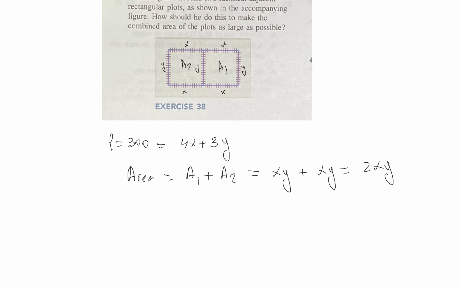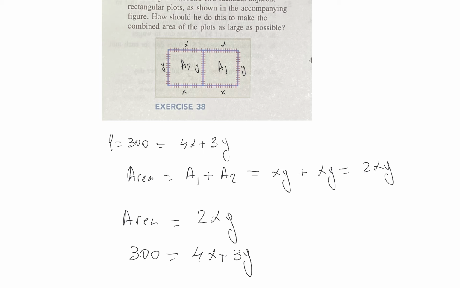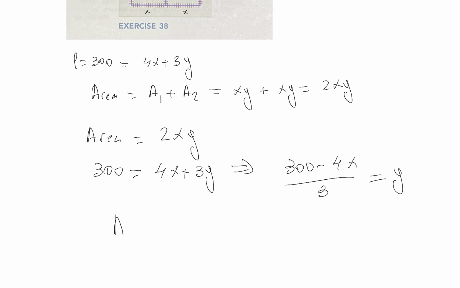This is the area, so he wants to make the area as large as possible. And the length, 300, will be 4x plus 3y. That means that 300 minus 4x, divided by 3, is the y. That means that the area A is 2x multiplied by y, by 300 minus 4x divided by 3.